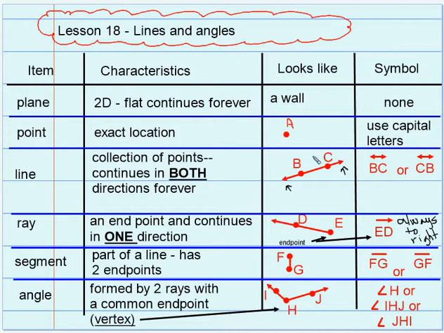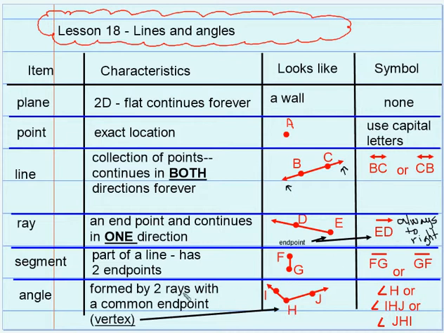If I go back up here, this is a line, but we do have a definite segment between B and C. Okay, and the way that we differentiate that segment from a line is by making just a bar above the letters, so it's F to G or G to F. And notice without the arrows, it ends there. Those are endpoints. So a segment I can name in either order. A line I can name in either order, but the ray has to always start with the endpoint and then the point that it goes through.